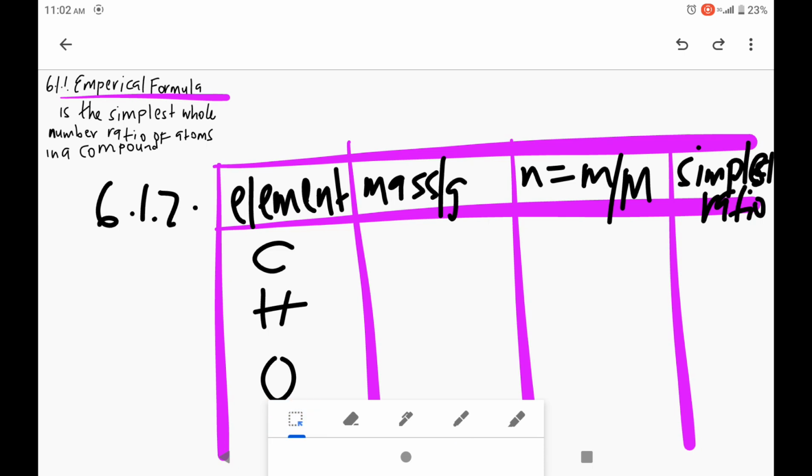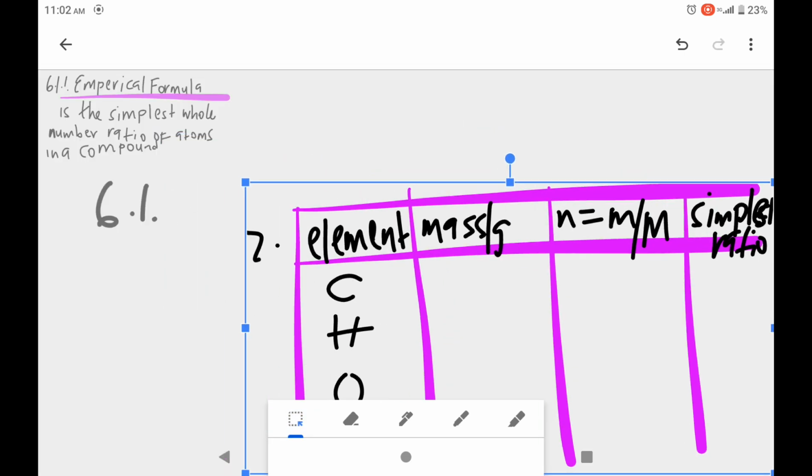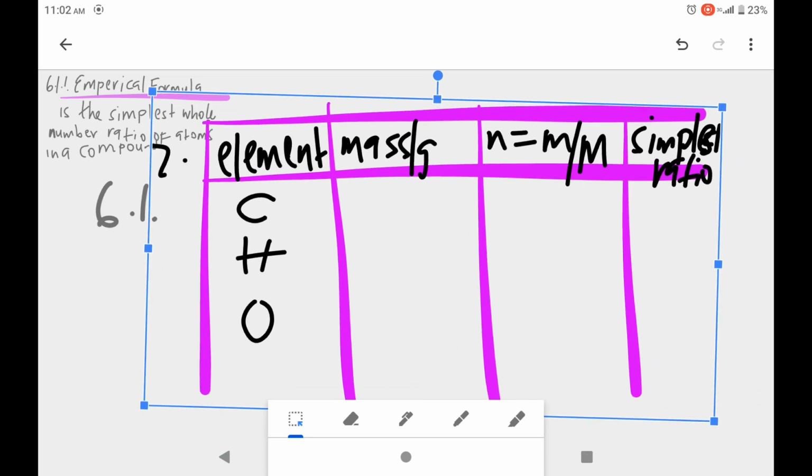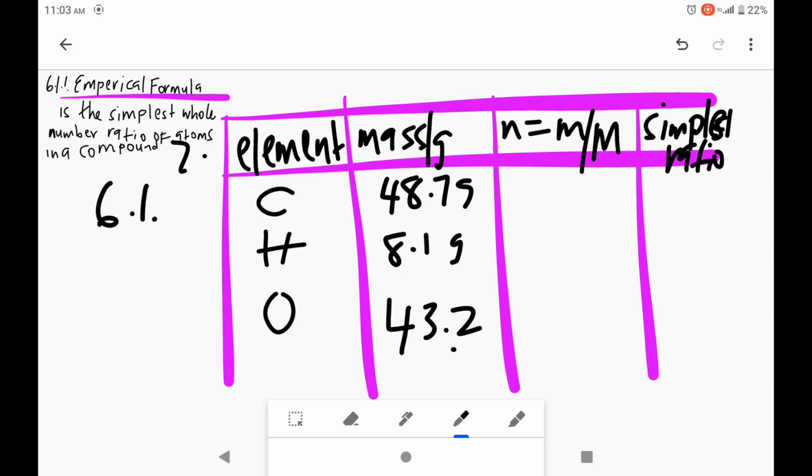Let's try to minimize this table anyway. Try to write it here. So we're going to have carbon, 48.7 gram. Hydrogen we have 8.1 gram. Oxygen we have 43.2 gram.